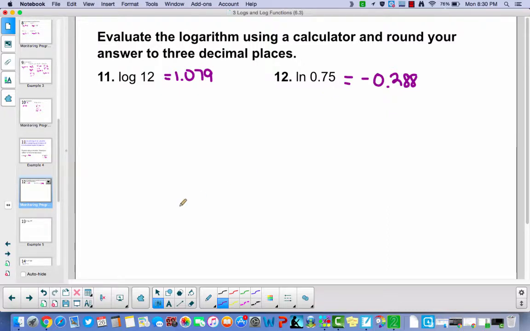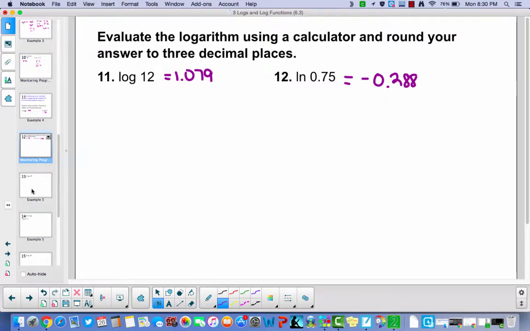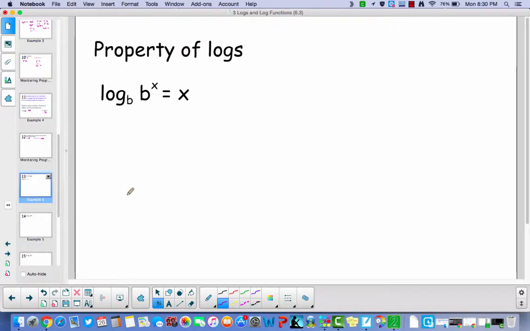Okay, we have a couple more properties to look at before we're done today. This is the property that we're going to look at. It says log base b of b to the x equals x. So if these two numbers are the same, whatever exponent is here is your answer.